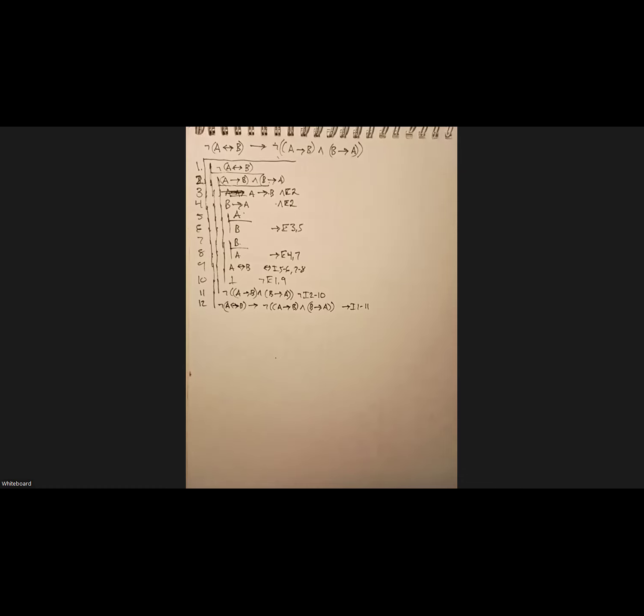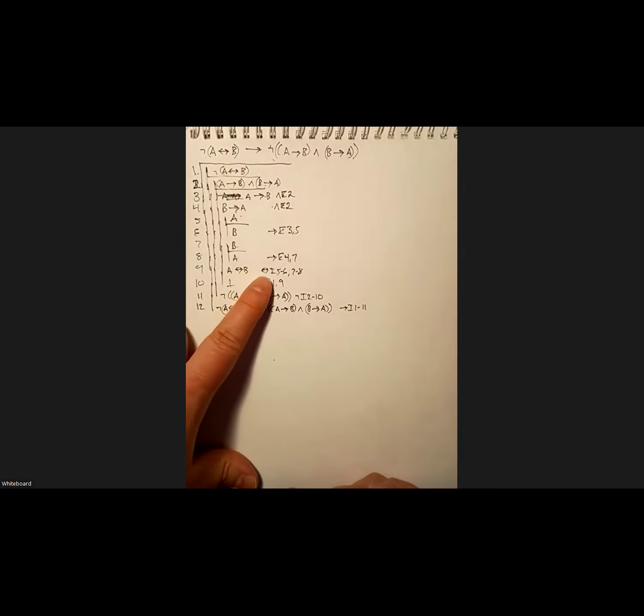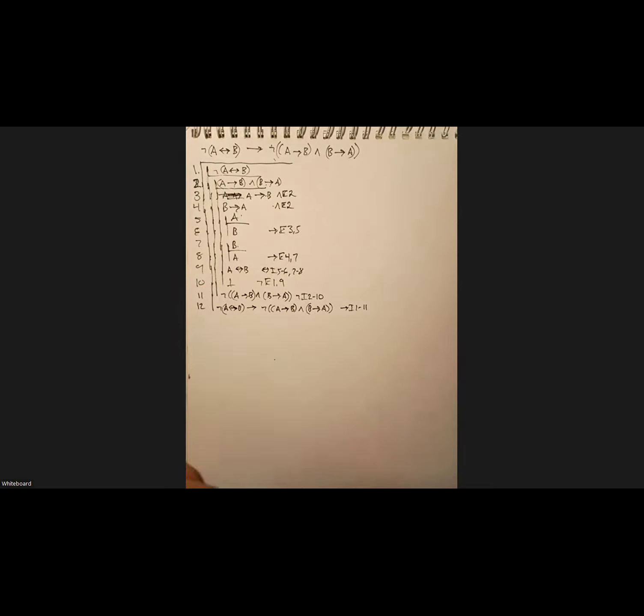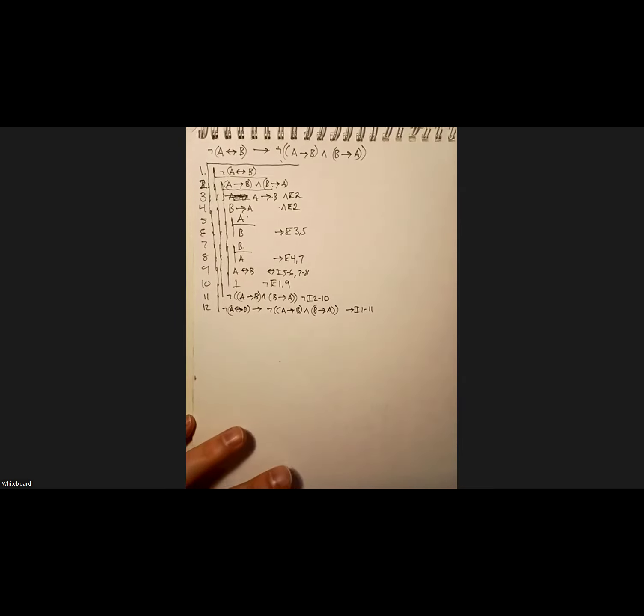How do you get points if you get it partially correct? Good question. What I'm really looking for is if you have the basic structure of the proof down but make a few mistakes. Say if you've done this one and just assumed the biconditional introduction, didn't do the steps, you could still get like 1.5 points.